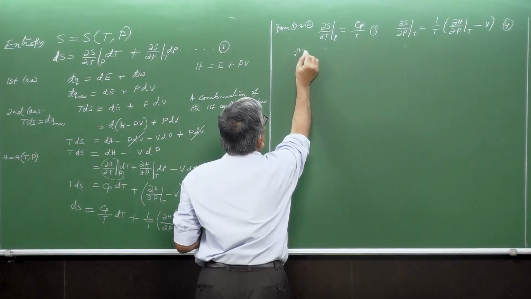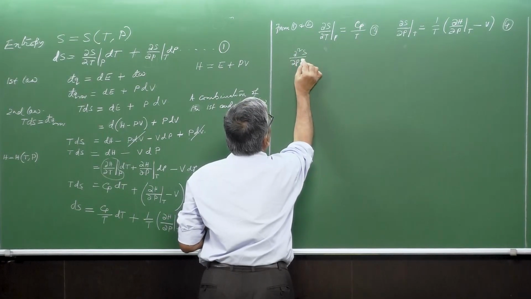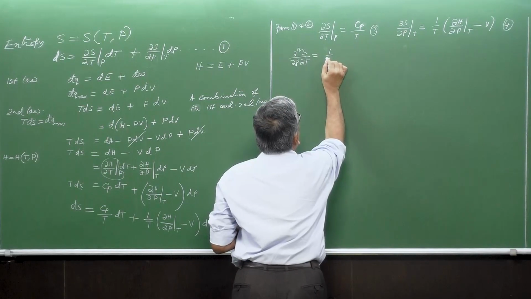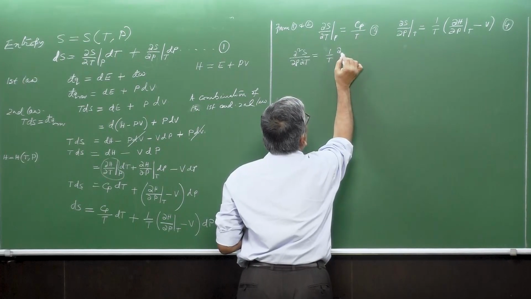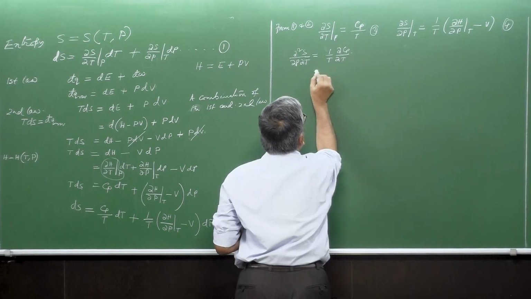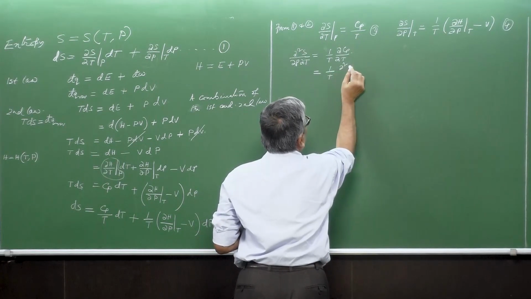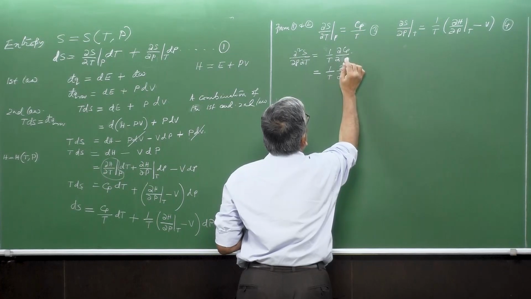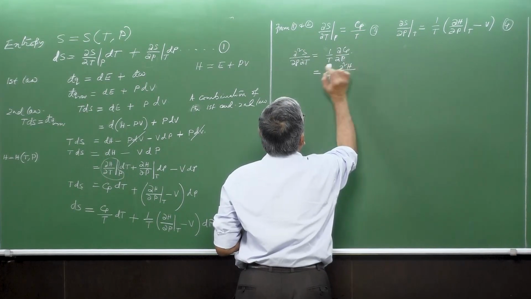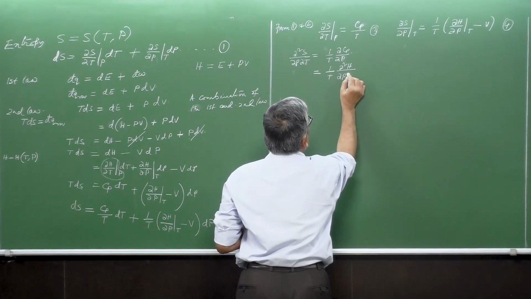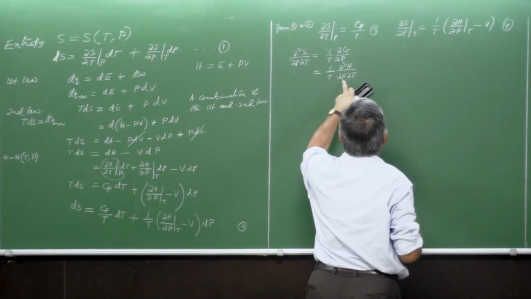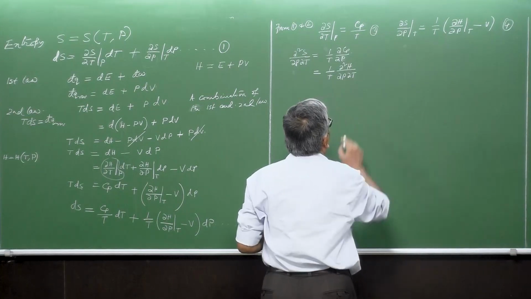So del square S del P del T is equal to 1 by T del Cp del T, and that is equal to 1 by T del square H del T del P. This is the quantity, because Cp is basically del H del T. So this is the first relation.